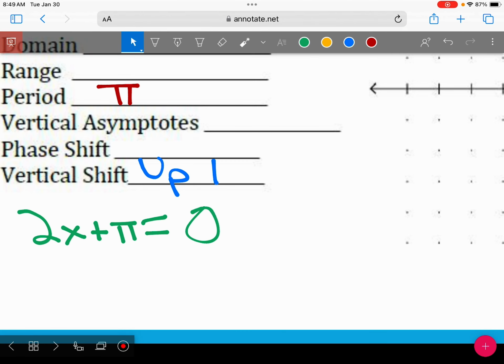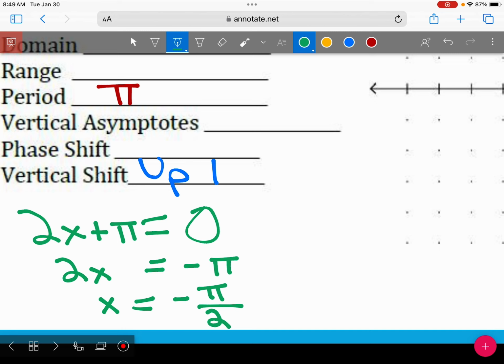If you solve that out, subtract pi from both sides, and then divide both sides by 2. Our phase shift is again going to be left by pi over 2.